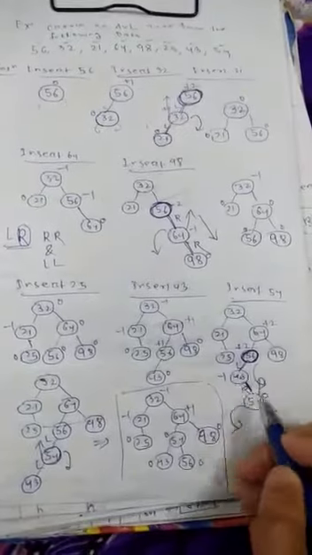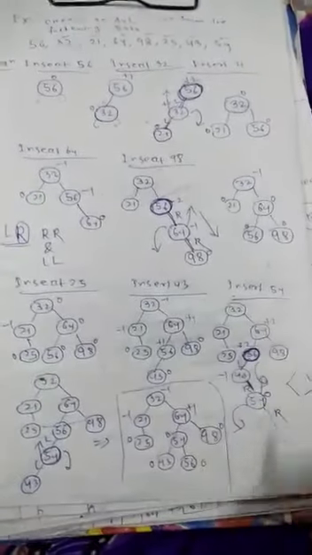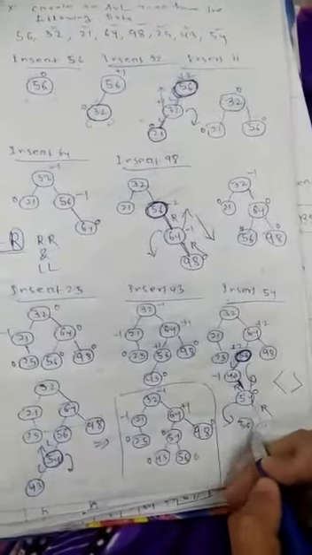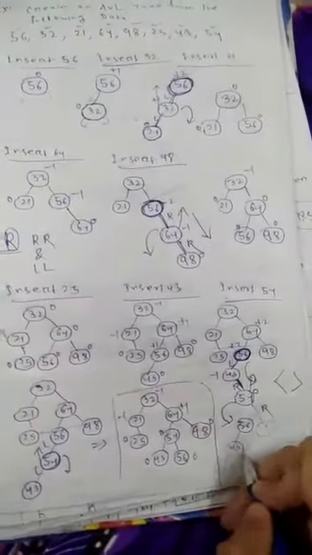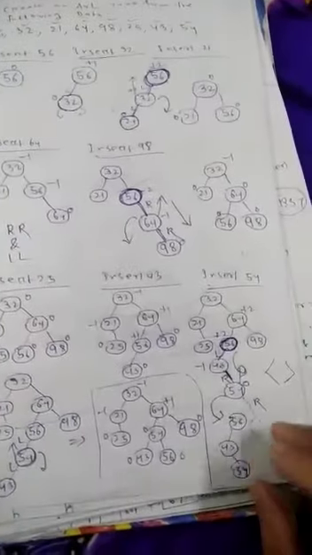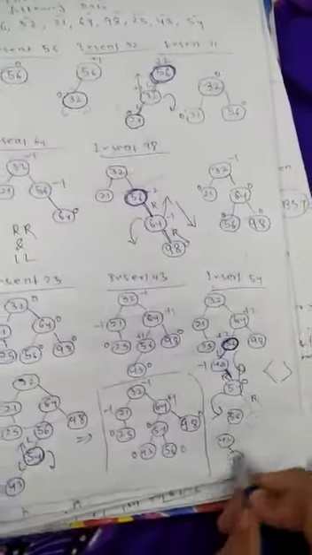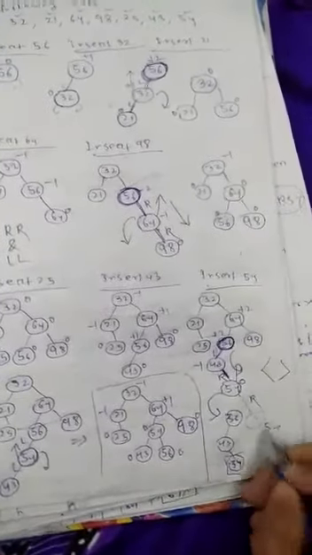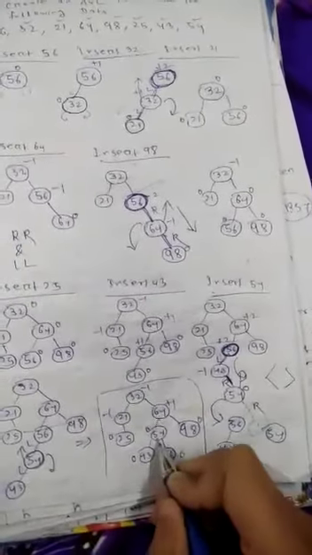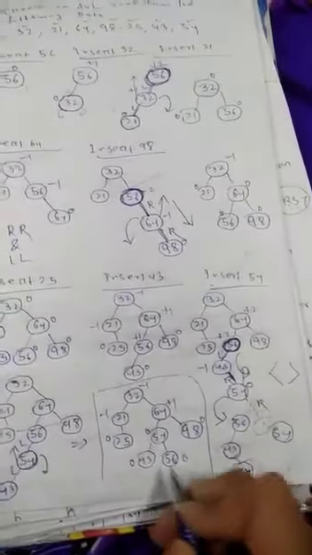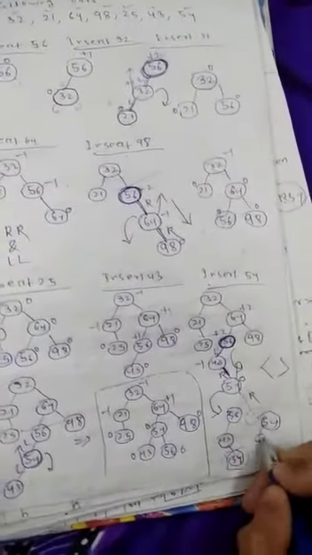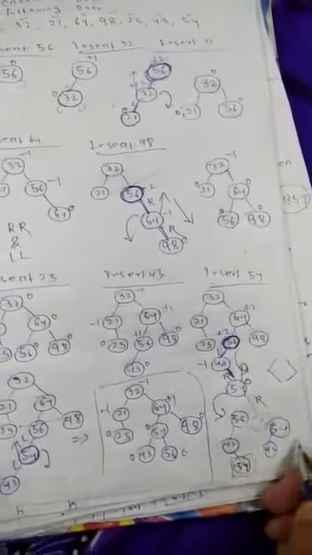Another trick I will tell you. If in this situation you have to find any LR or RL rotation, like 56, 43 and 54, then in this situation we only need 2 rotations. After 2 rotations we see that the middle element goes to the root, whatever the less element is goes to the left side, and whatever the greater element is goes to the right side.